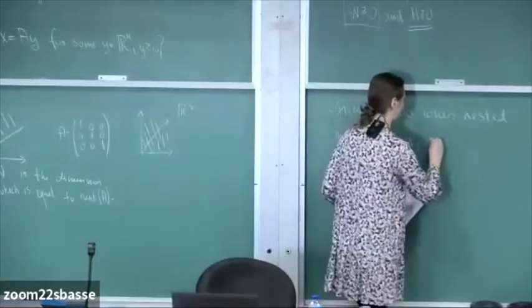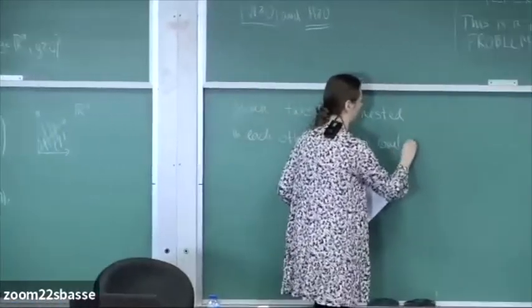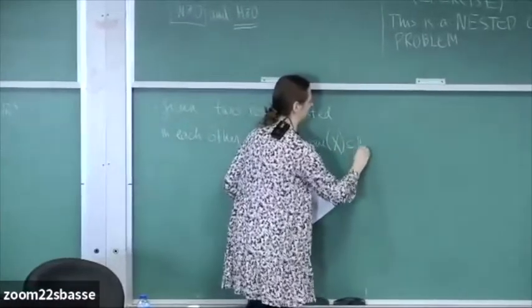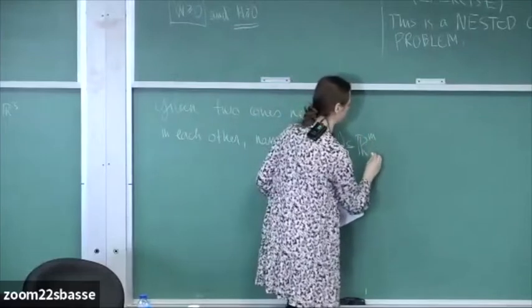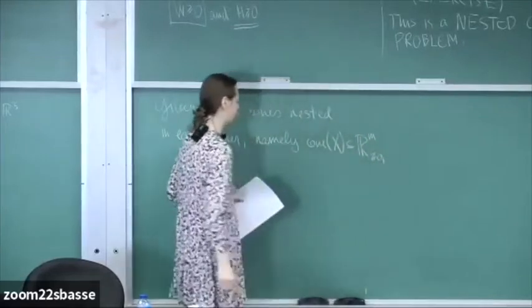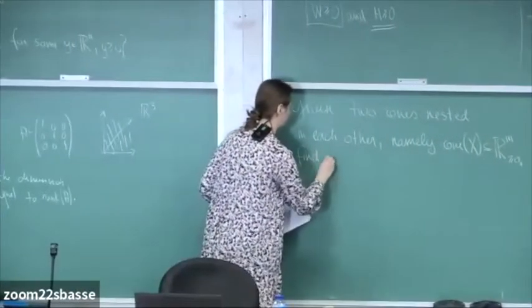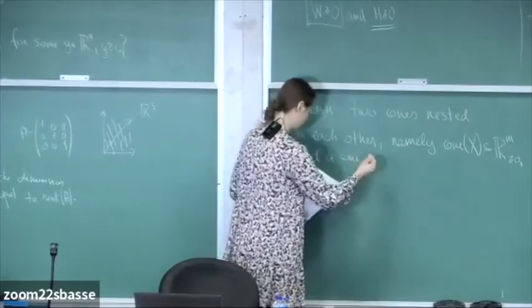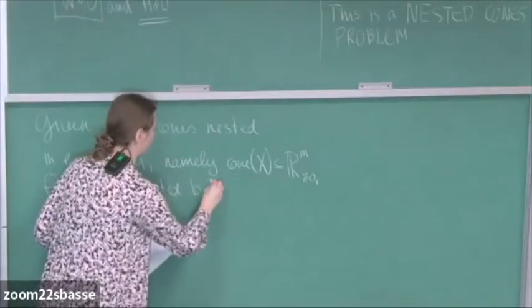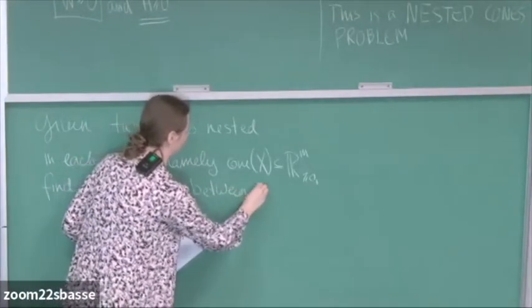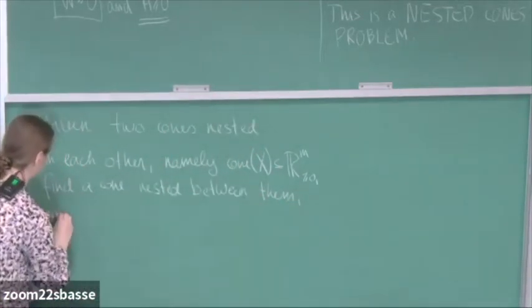So namely, cone of X is contained in the non-negative orthant. Find a cone nested between them. Namely the cone of W.